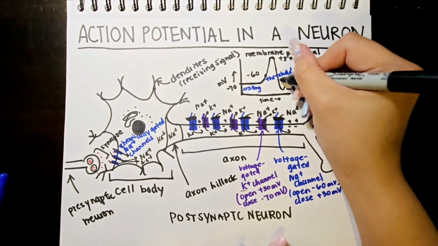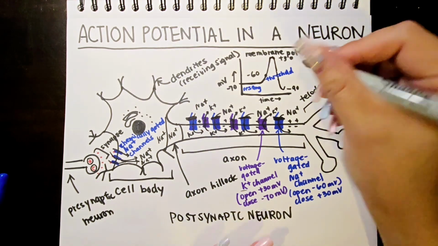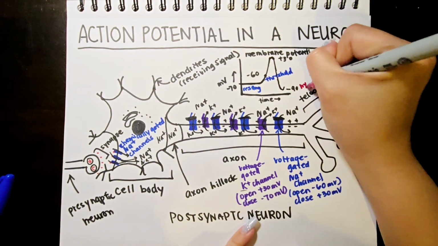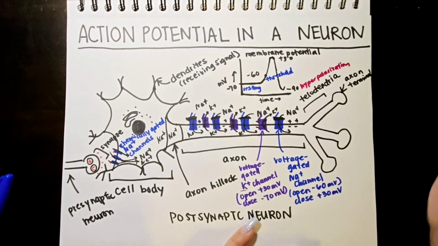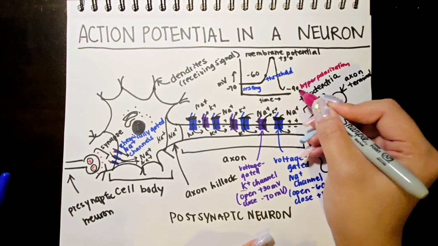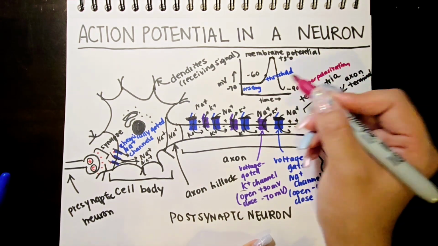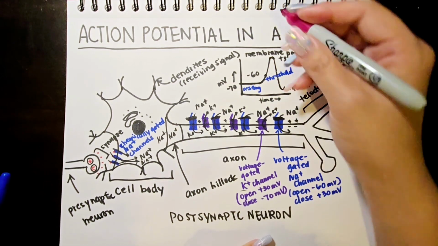And this overshooting of the membrane potential is what we call, I'm gonna use a different color, hyperpolarization. Hyperpolarization, where the membrane potential becomes lower than the resting. Okay, so when the resting potential reaches -60, we call that threshold.